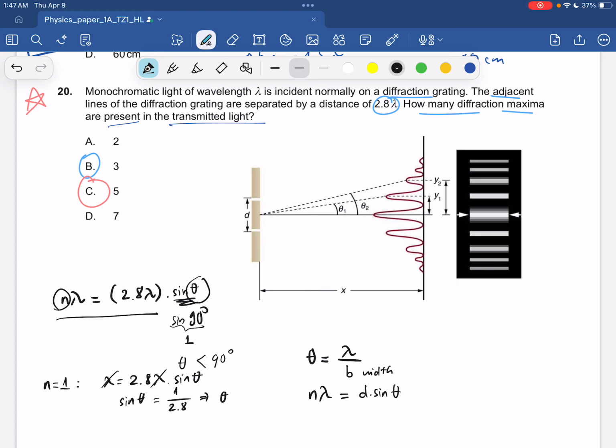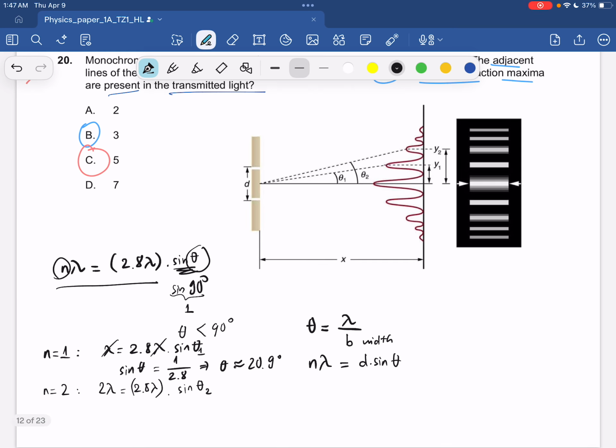Then you can find sine theta equals 1 divided by 2.8. So theta, let me find the arcsine, it's about 20.9 degrees. Okay, so when n equals 2, then this is 2 lambda equals 2.8 lambda times sine theta. This is the angle 1, this is the angle 2.